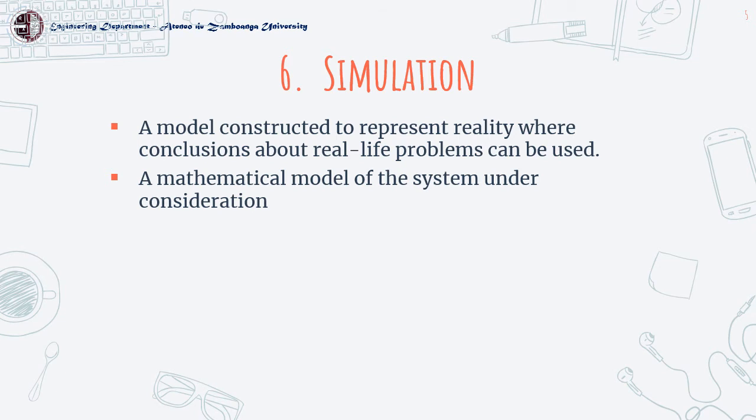The simulation, though, does not guarantee an optimum solution, but it can evaluate the alternatives fed into the process by the decision maker. So it's using science and mathematics to evaluate the different alternatives that you can use to address a problem.